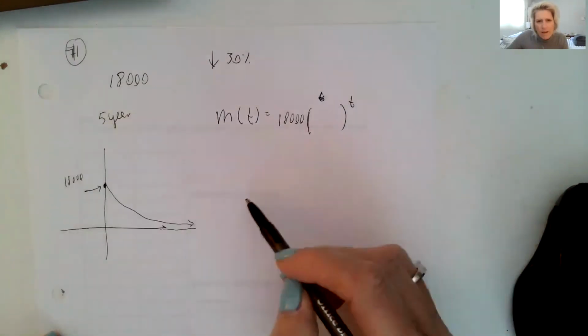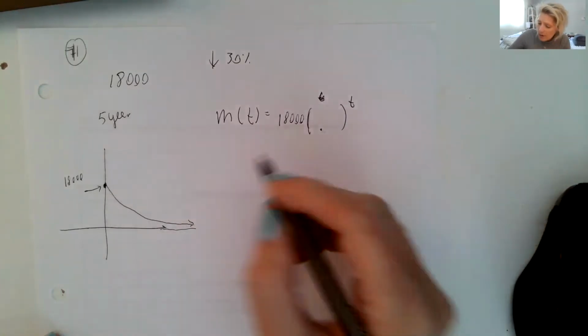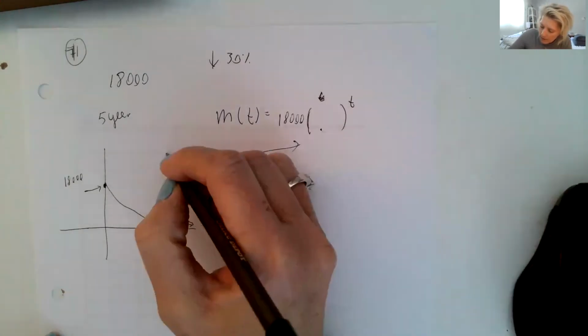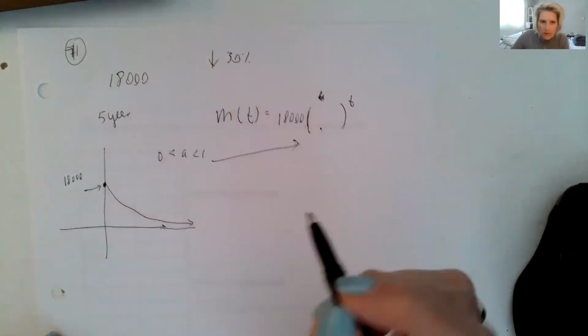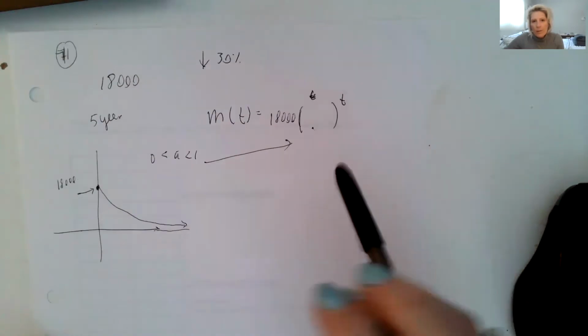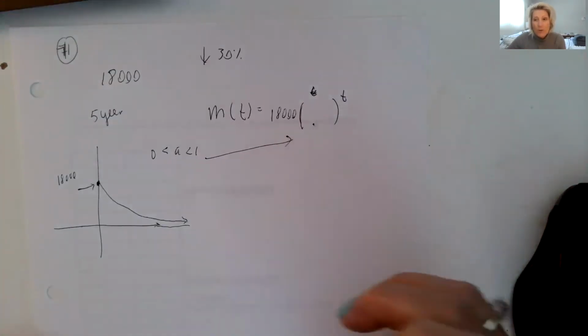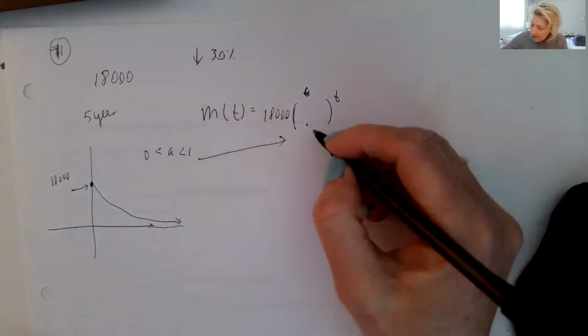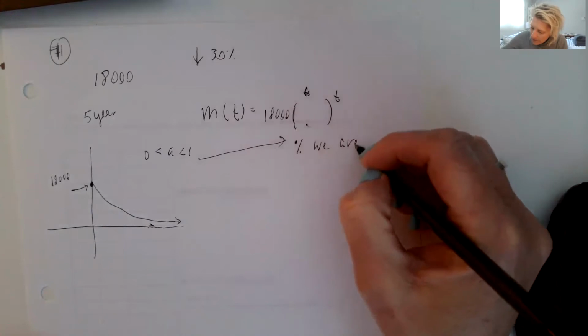And because it is going to be decreasing, this has to be between 0 and 1. When we think about what goes in here, it's always the percent that we're keeping.